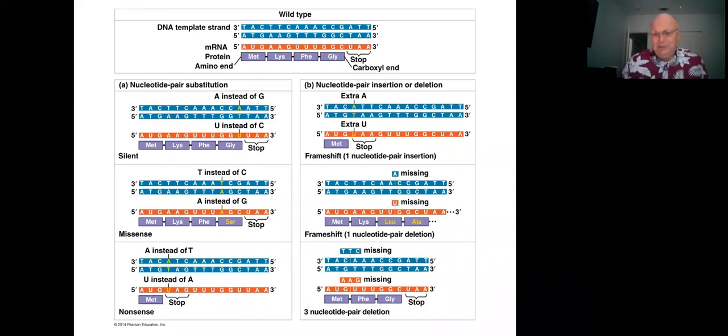Now let's look at these insertion deletion mutations. And you can imagine, based on what we saw with the example that I gave you, things are going to be pretty interesting here. So here is an insertion mutation where a single nucleotide has been slotted in between the first and the second codons in the sequence.